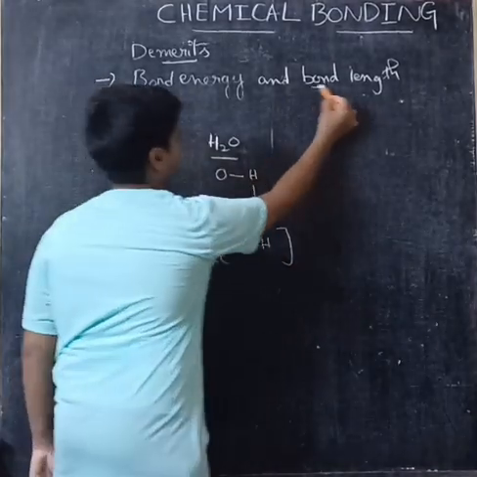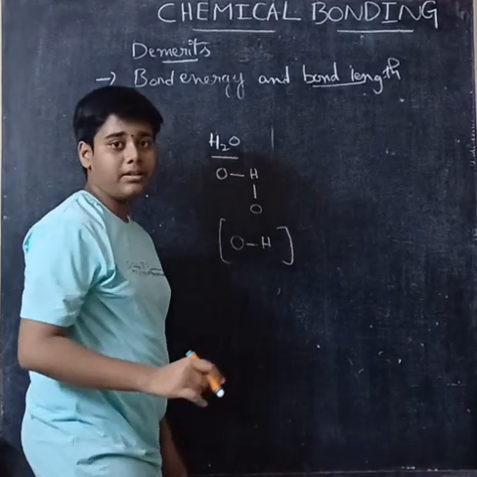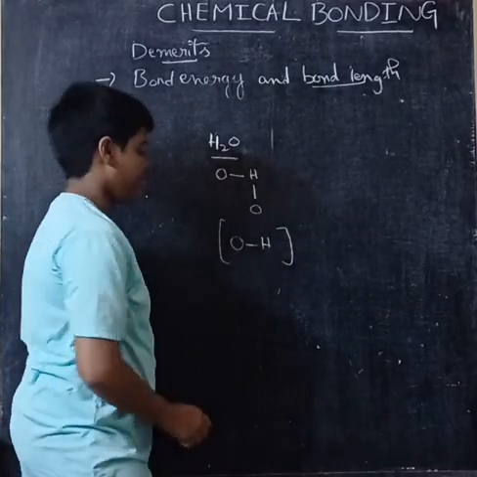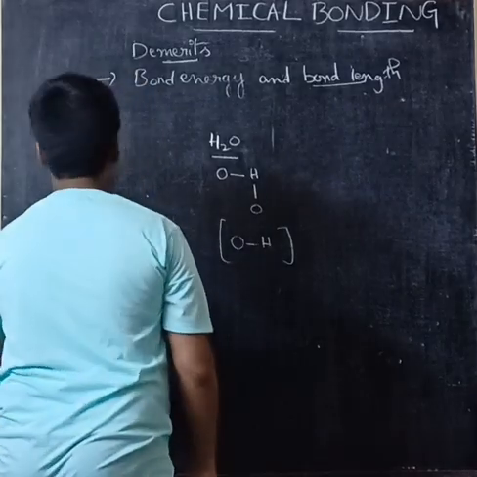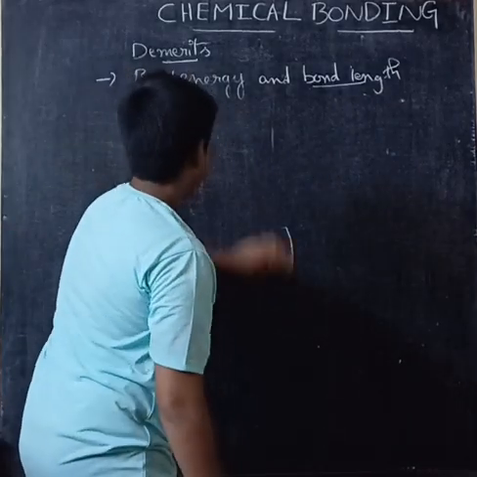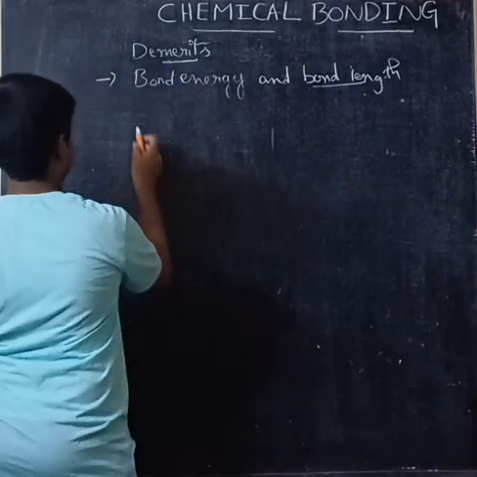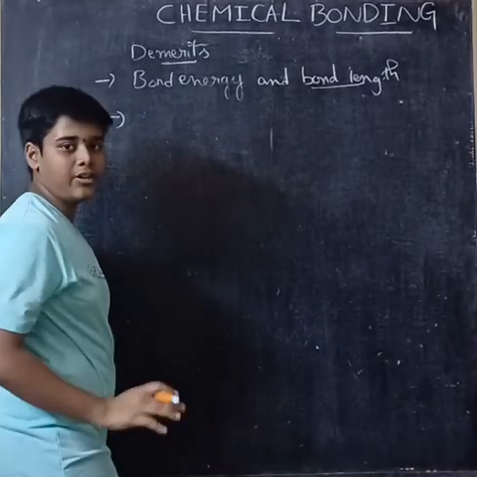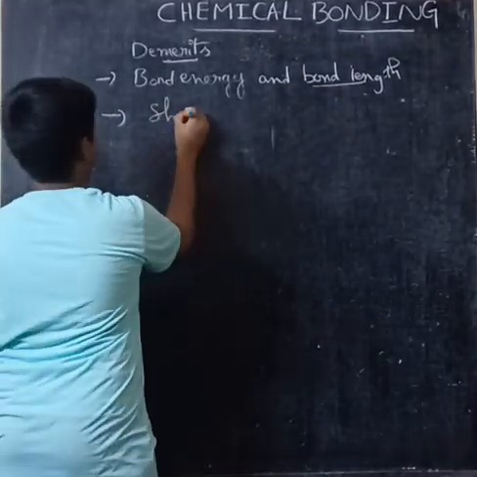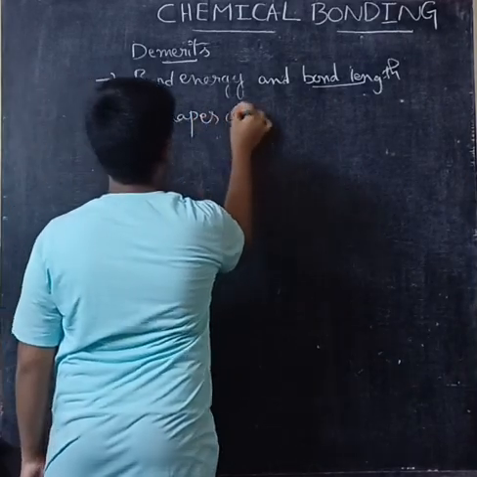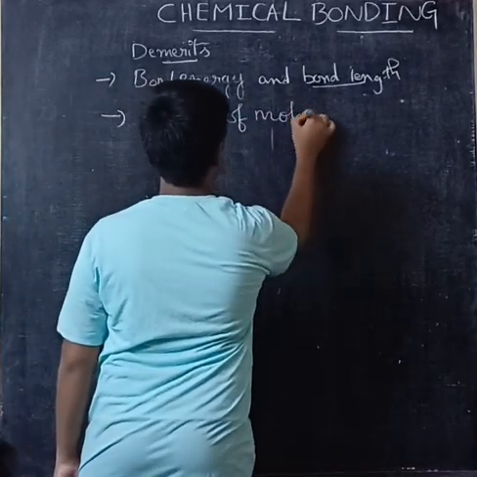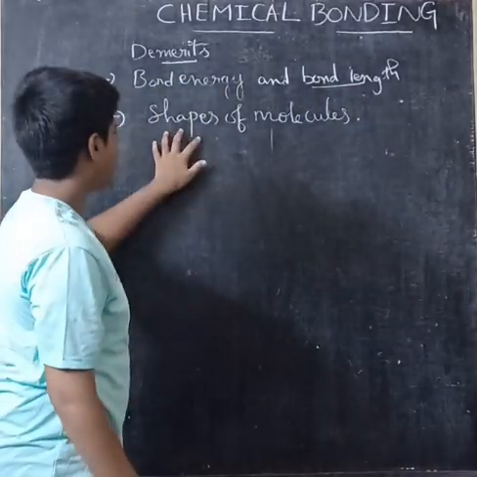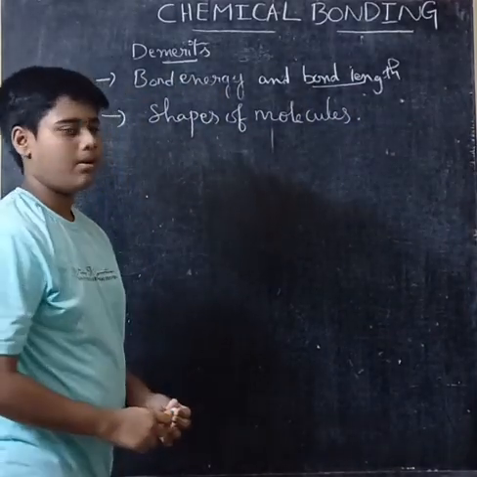And what does bond length mean? The length between these two atoms in a bond. Okay, so this is the bond energy and bond length value. And the next demerit is that it failed to explain the shapes of molecules.